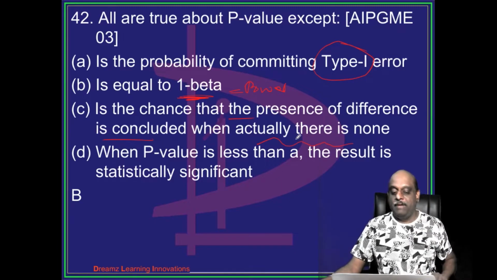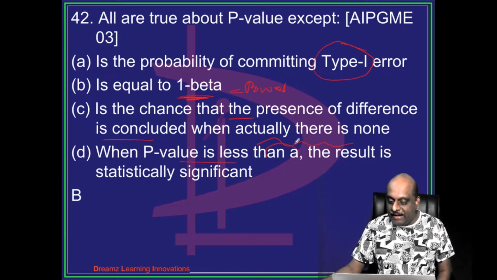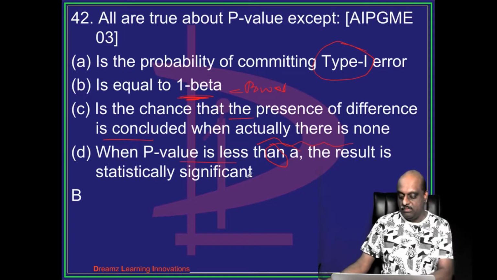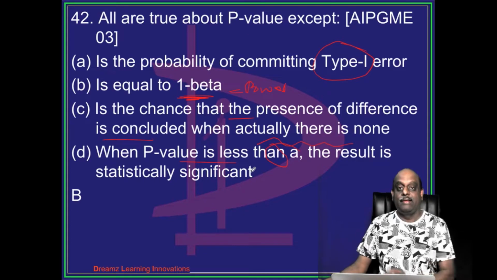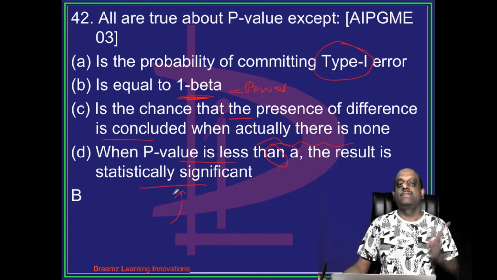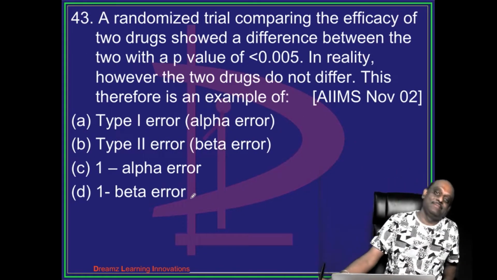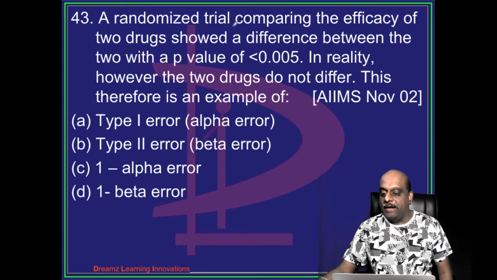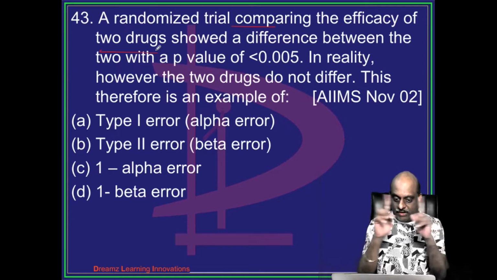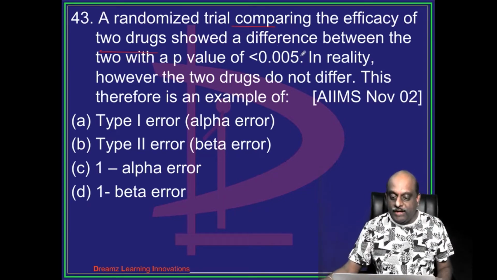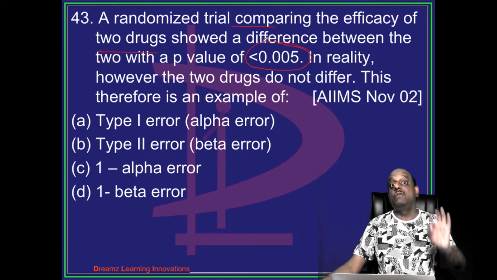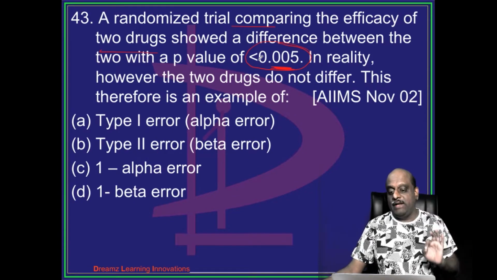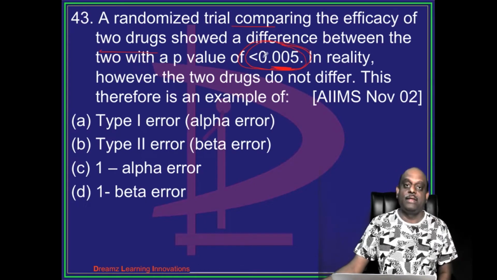So that is p-value. When p-value is less than 0.01, the result is statistically significant. That is all true. Now, a randomized trial compared the efficacy of two drugs and it has shown the difference between the two, with a p-value of less than 0.005.